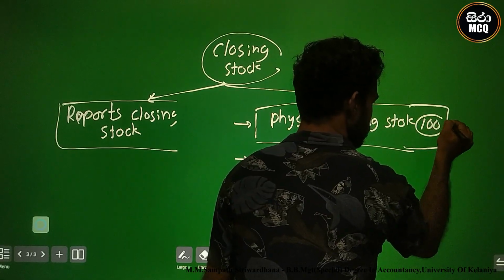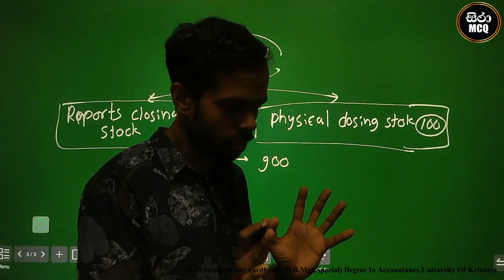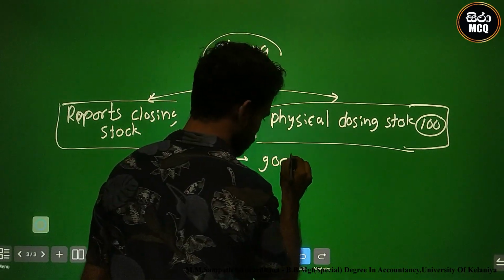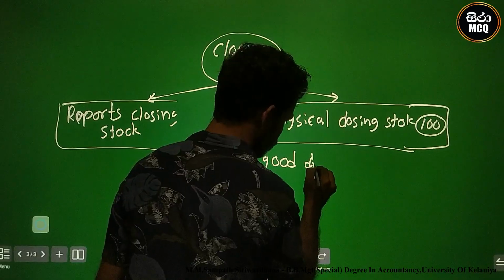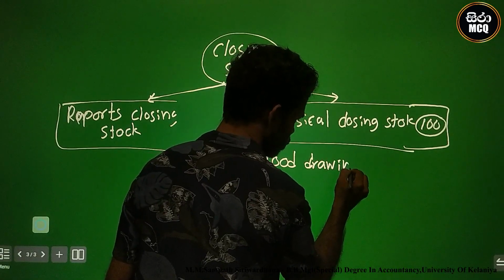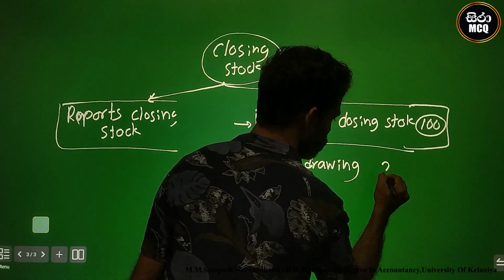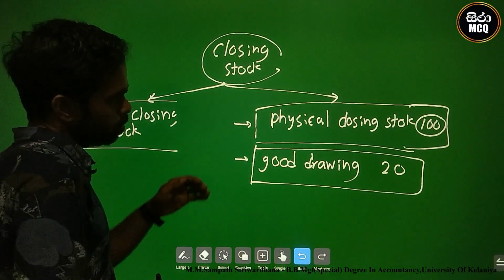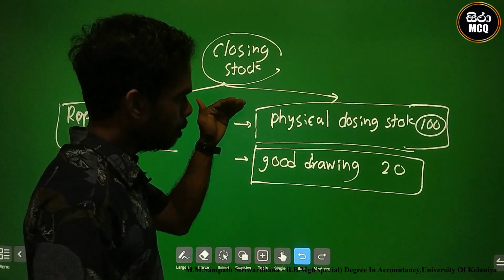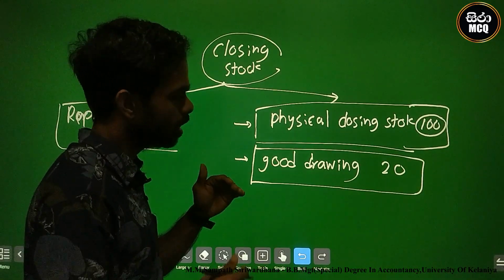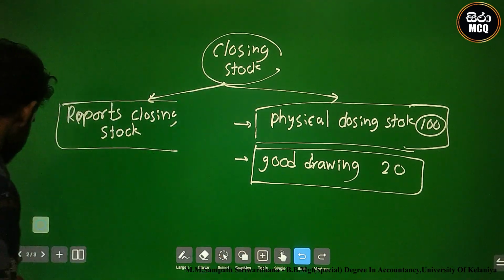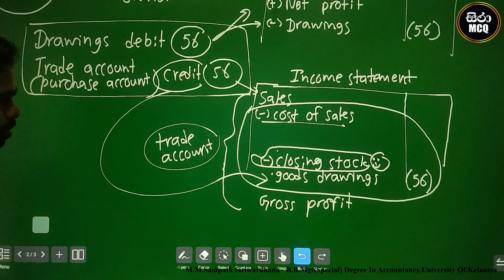Physical closing stock means 100 stocks available in the business. We can touch it. And goods drawings are there. There is a 20. The physical closing stock and the goods drawings are related to the same thing.